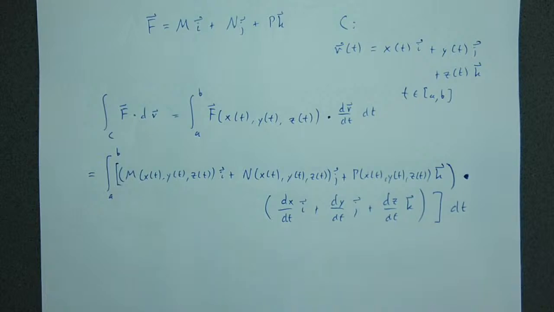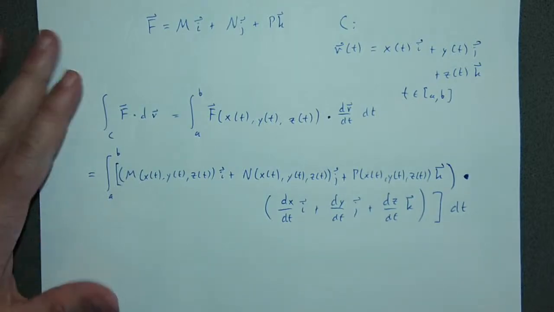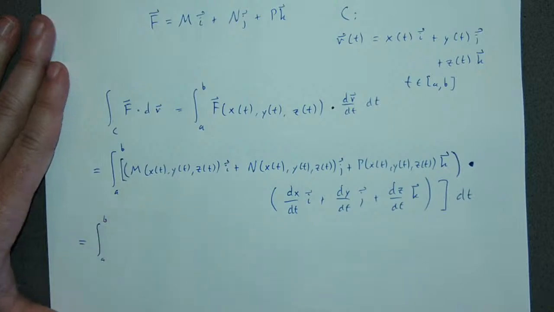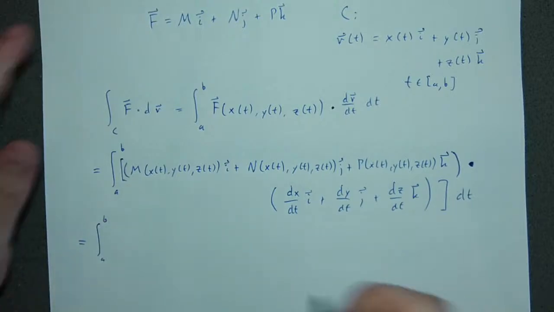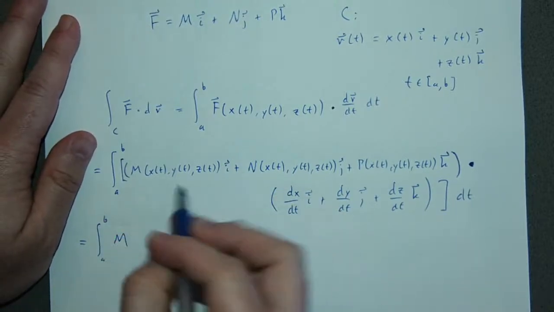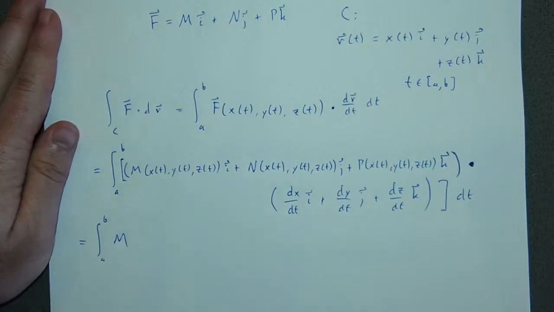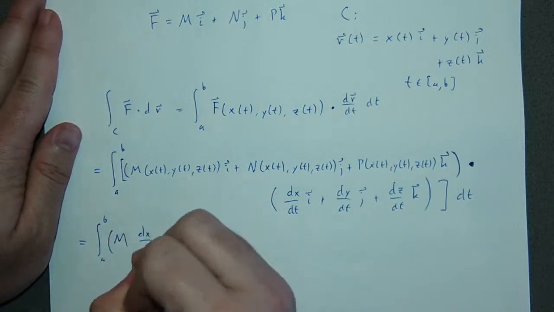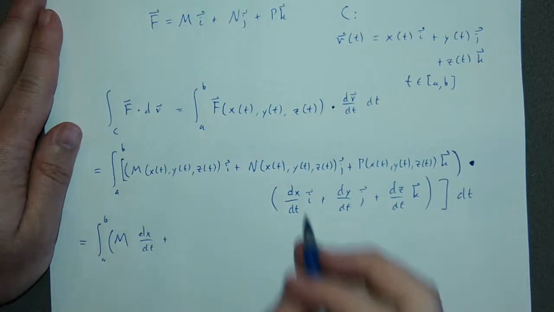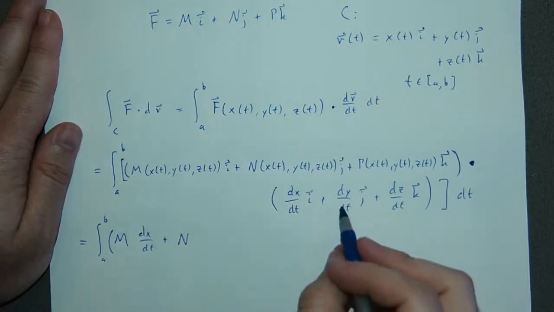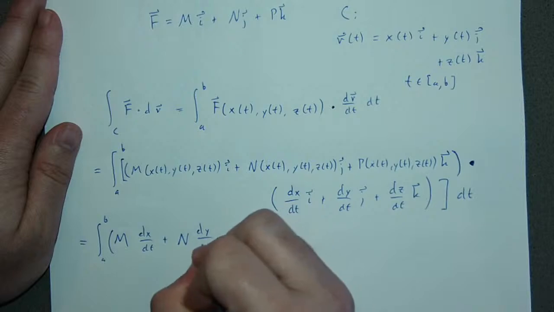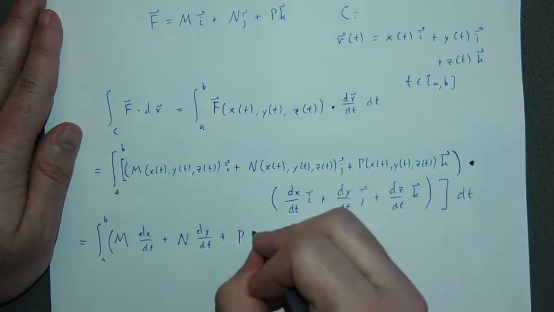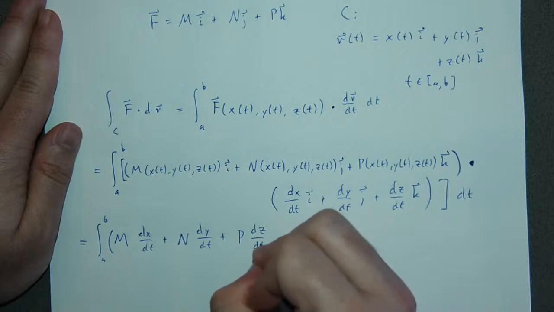But dotting this is easy. In fact, this is the integral from a to b of M times dx/dt plus N times dy/dt plus P times dz/dt.